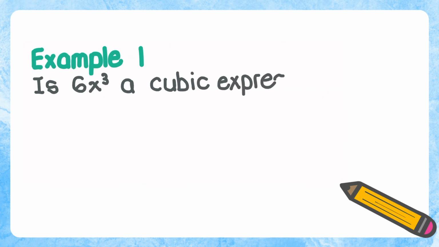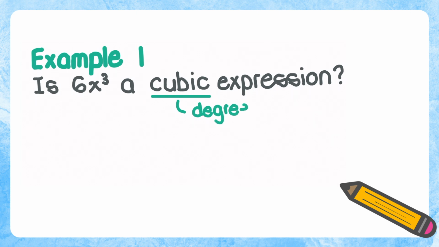So let's look at some examples. Make sure you're writing down the examples in your notebook as well. Is 6x cubed a cubic expression? If it's cubic, we should have a degree of 3.